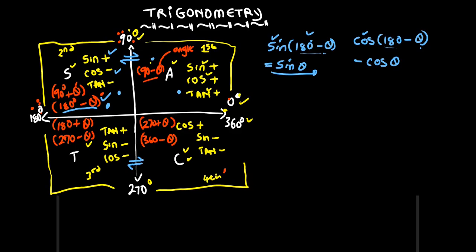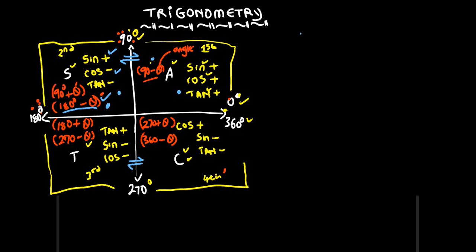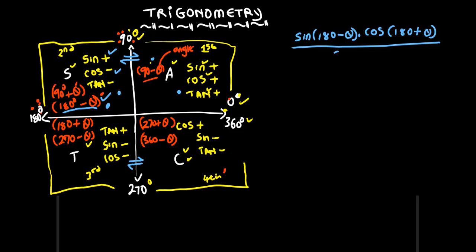So now in the exam, they are not going to make it simple like this. In the exam, they are going to say calculate the sine of (180 minus theta), multiplied by cos of (180 plus theta), all over sine of (180 plus theta).